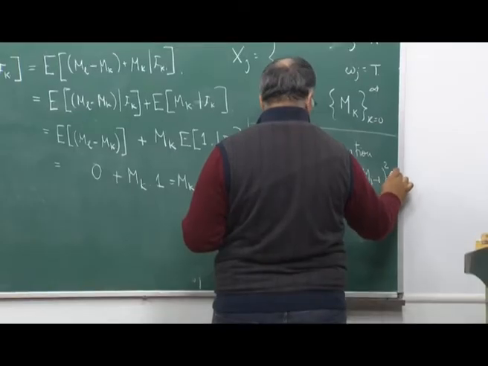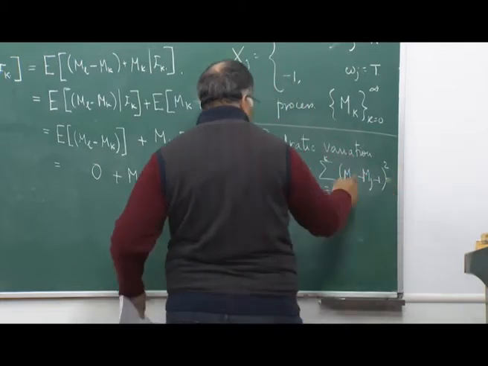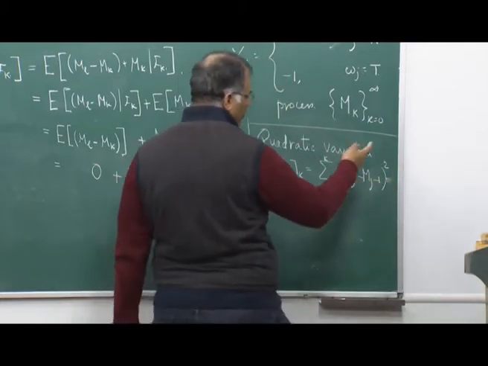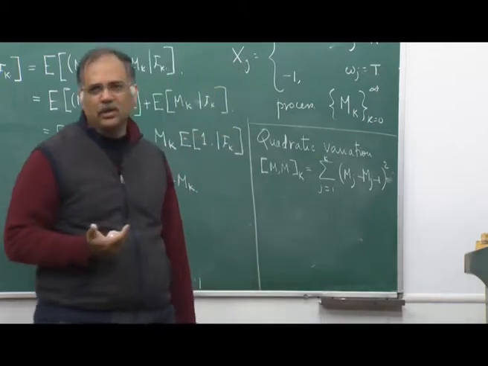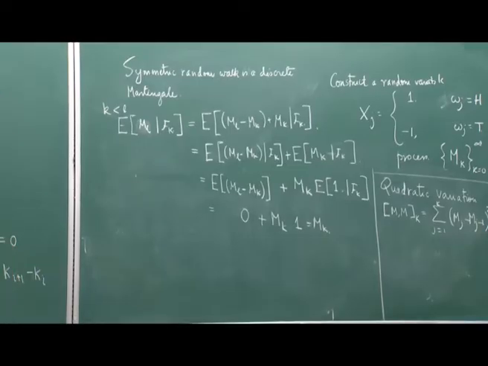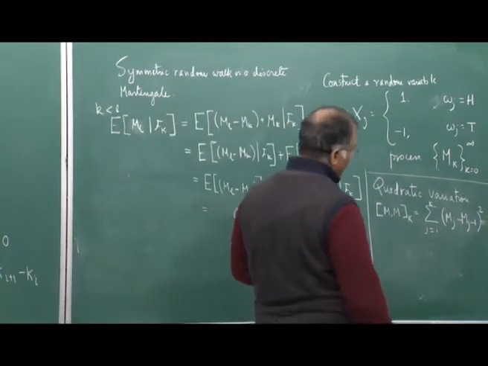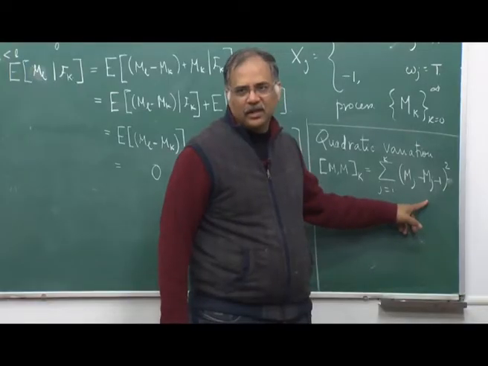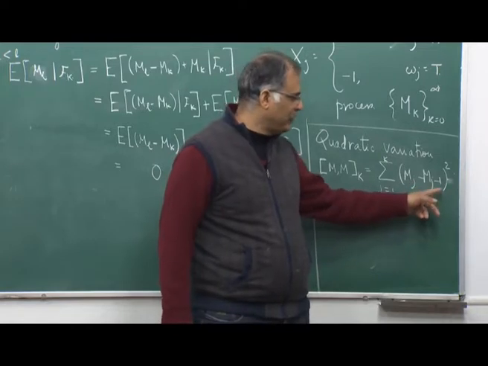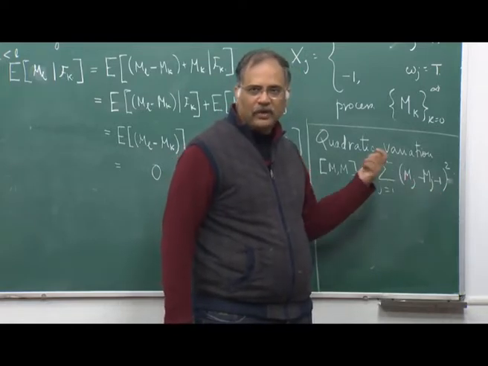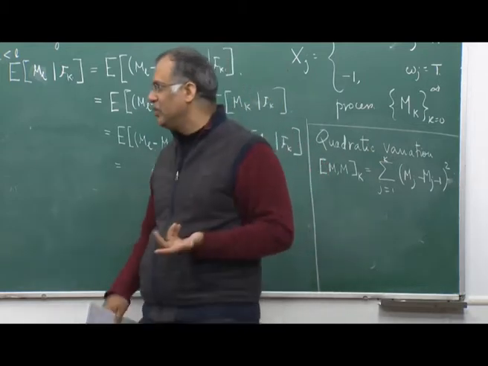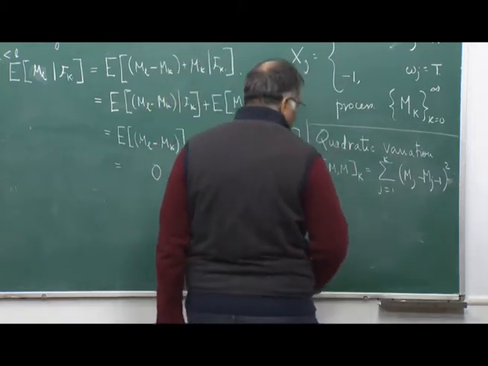If you look at each (Mj minus Mj minus 1) whole square, this value is always 1. If you take the difference between Mj and Mj minus 1, you will have the value Xj left. Xj is either plus 1 or minus 1, so the squaring will always give you 1.